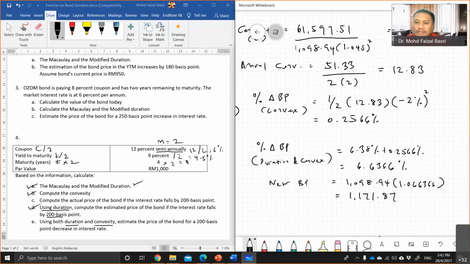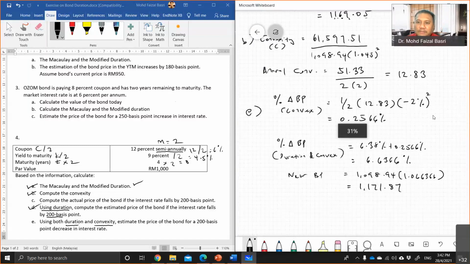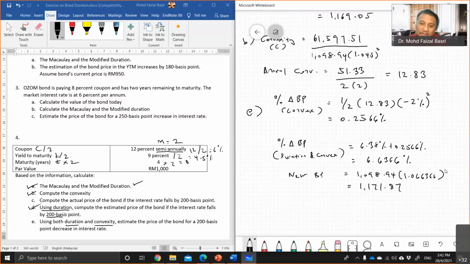Even though it's just a small difference, merely 1 ringgit something, remember, if we invest in one unit, yes, we see 1 ringgit difference. But imagine companies or investors who invested in thousands. A shift of estimation will cost them money. So convexity is more robust and more widely accepted as compared to the modified duration.